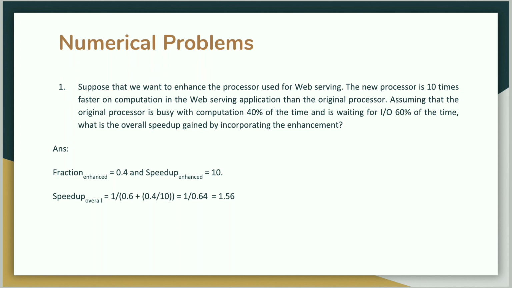Assuming that the original processor is busy with computation 40% of the time and is waiting for I/O 60% of the time, what is the overall speedup gained by incorporating the enhancement? Here the fraction of enhancement is 0.4, which is 40%. Speedup of enhancement is 10. Now the overall speedup is 1 by (0.6 plus 0.4 by 10), that is 1 by 0.64, so you get the overall speedup as 1.56.